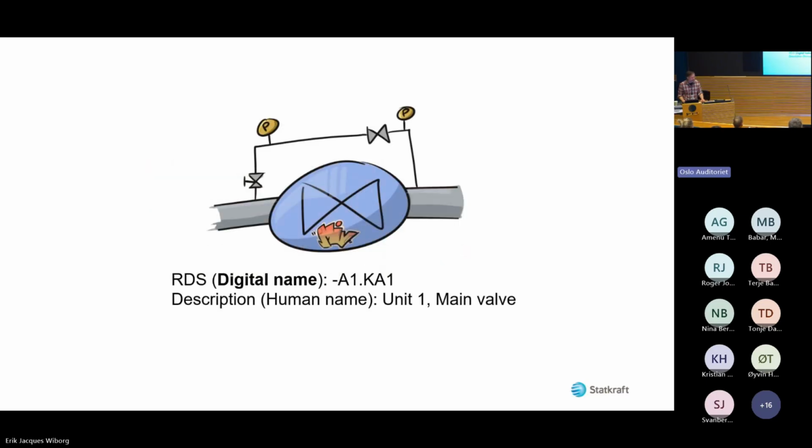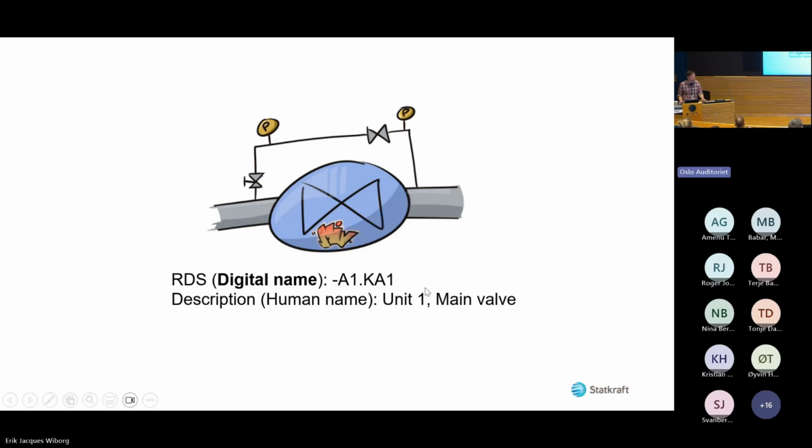I also said this before, the RDS is a digital name. I would suggest that if you tag something in the power plant, like a physical tag, a QR code or whatnot, then you would use the digital name to access the systems that contain information about it, but that people will see the description, the human name, the understandable one, and this is important.